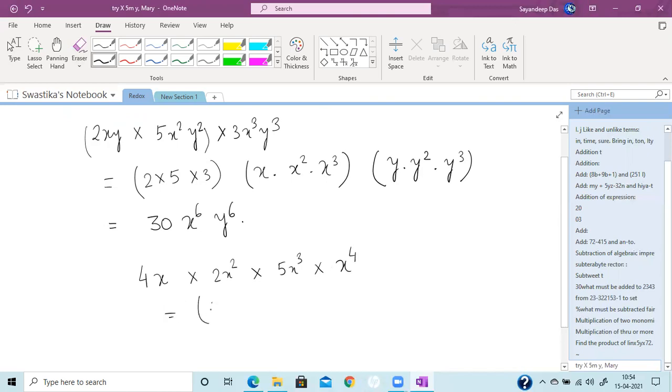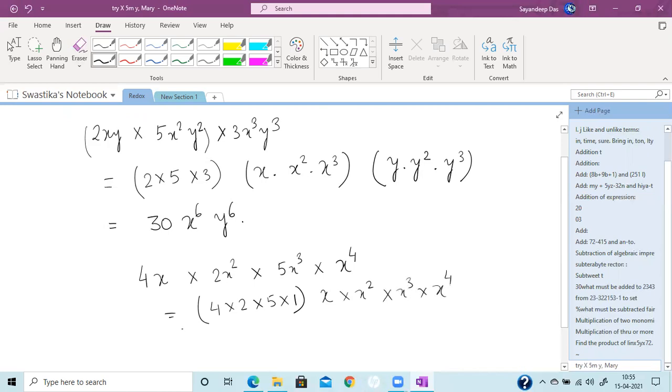So take these numbers first. 4 into 2 into 5 into 1. You should be very prompt. You have the 4 monomials here: 4x, 2x squared, 5x cubed and x to the power 4. So take the numbers, multiply all the numbers and then you see here x into x squared into x cubed into x to the power 4.